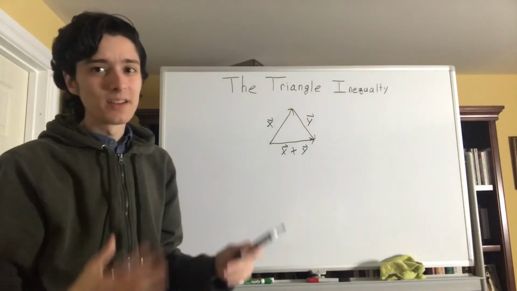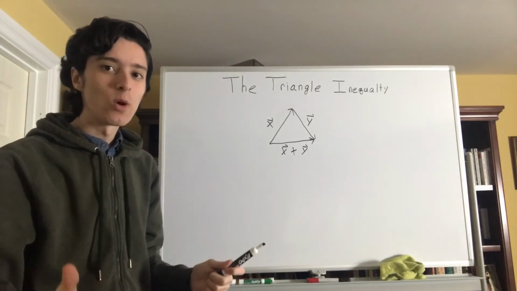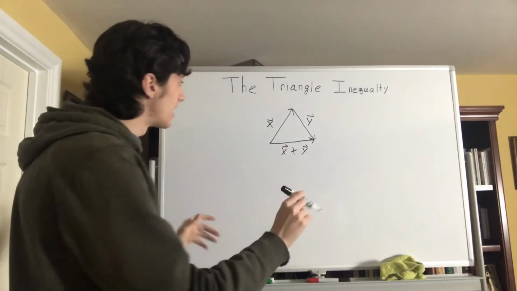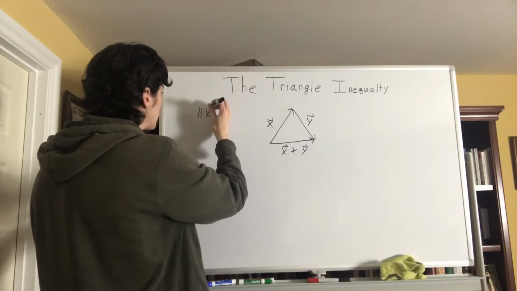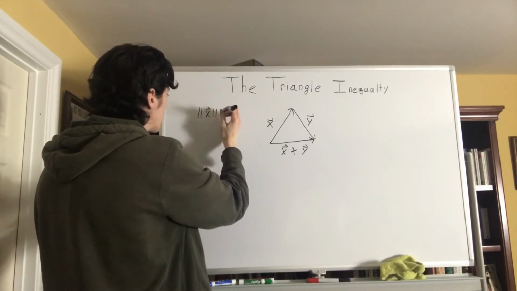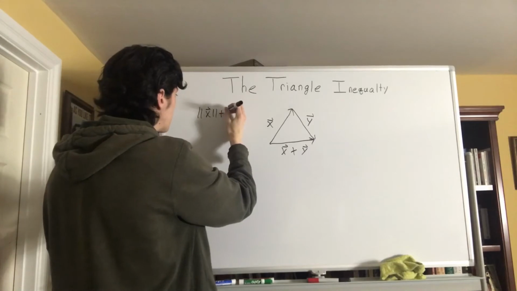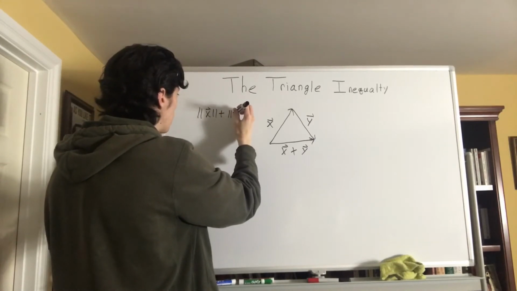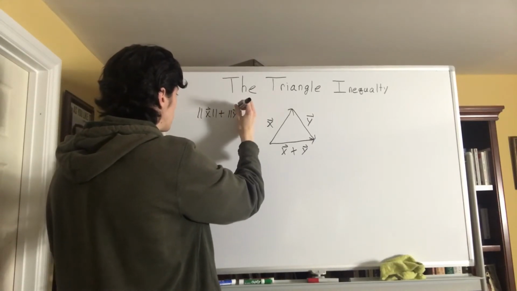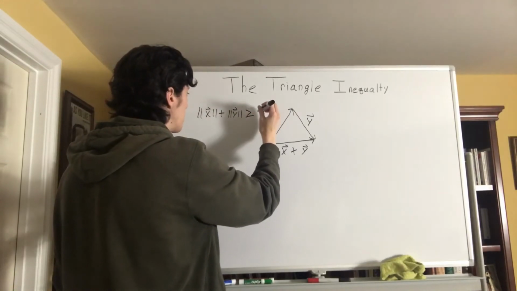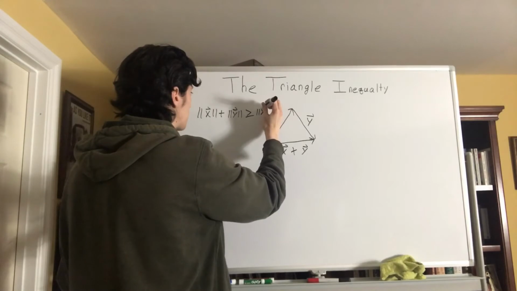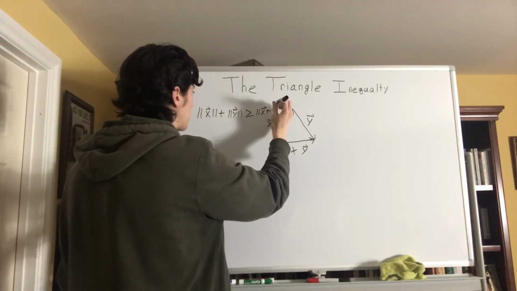So in a similar vein to what we said before, we can say that the magnitude of x plus the magnitude of y must be greater than or equal to the magnitude of x plus y.